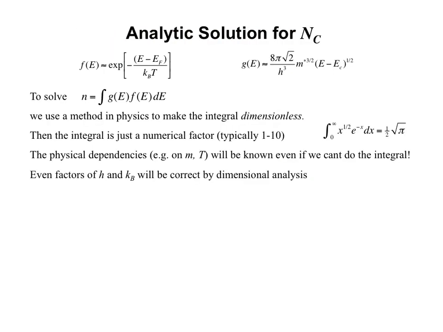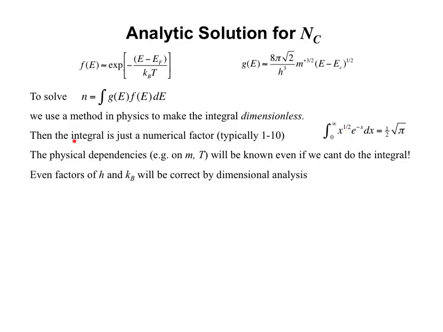The exact equation from the previous slide can be derived analytically using a useful method of mathematical physics. The goal here is to solve for the number density of electrons using our approximation for the density of states and the Boltzmann distribution function. The strategy is to turn this integral into a dimensionless integral with definite limits.